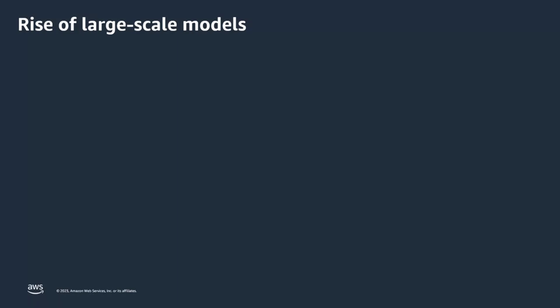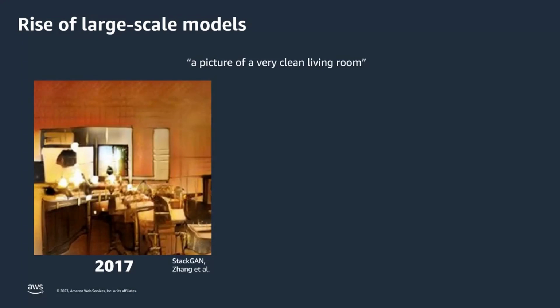So yeah, on the left, you see a picture of a living room. Actually, this one was created with a GAN model, Generative Adversarial Networks, which was very popular just a few years ago, in 2017. When it came out, it was kind of jaw-dropping.